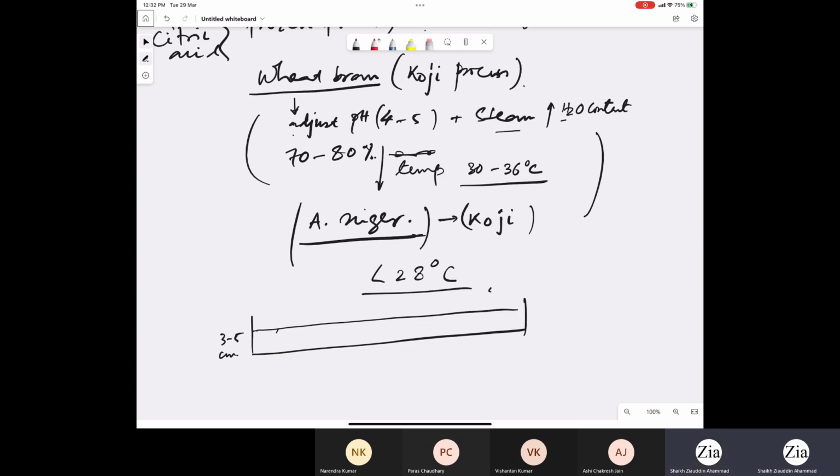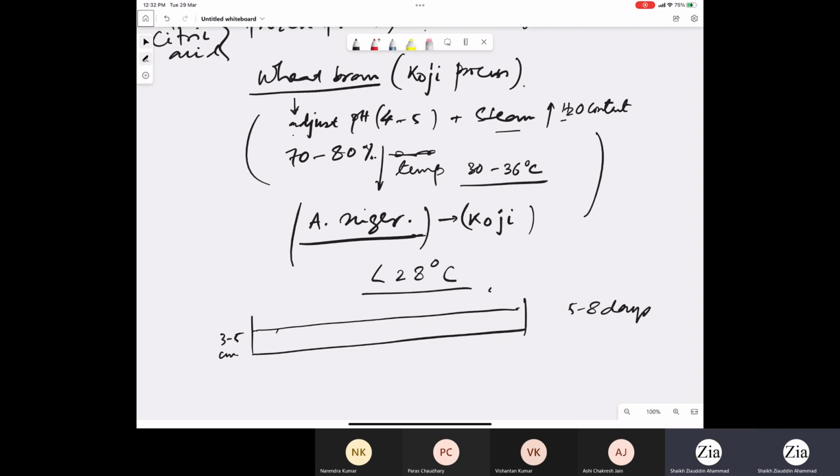And you keep it on this tray or on the floor for 5 to 8 days. So after 5 to 8 days, you will get a significant amount of production of citric acid, which you can extract by pouring water.